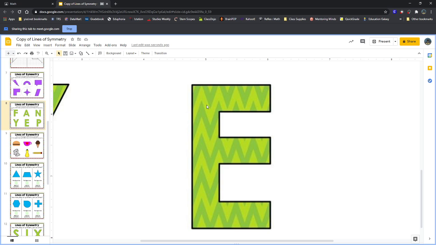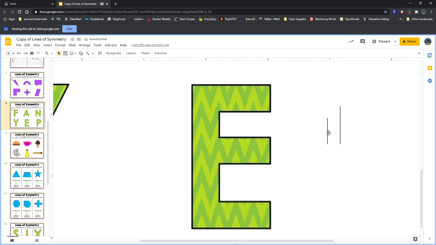Sometimes when people write the letter E, they put the middle line actually in the middle of the letter. If it's in the middle of the letter, then I have a line of symmetry. But I'm going to show you something, okay? This one, they didn't put the line in the middle, so this one doesn't have a line of symmetry.